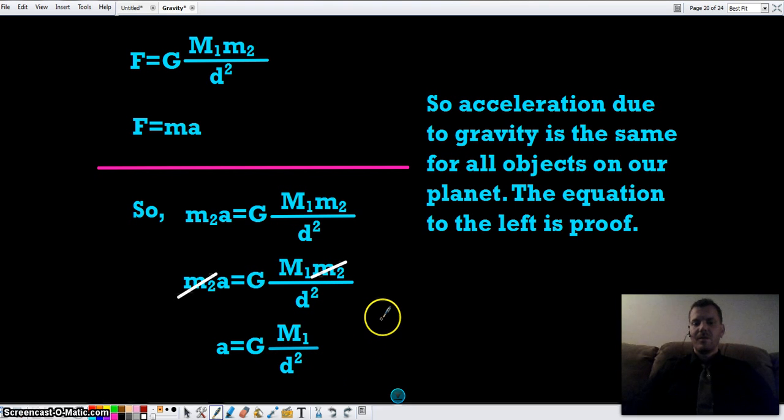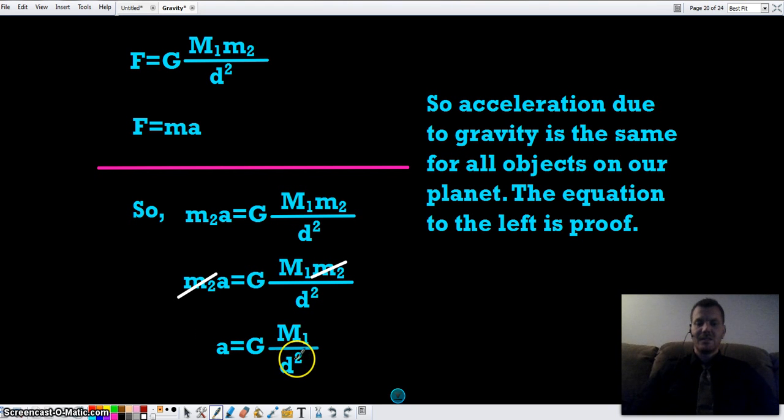If our distance would change, which would change our acceleration, if we're down at sea level or if we're at the highest mountain, how would that change? If our d was much smaller, meaning that we're down at sea level, this is much smaller, which would make our acceleration much what? Larger.